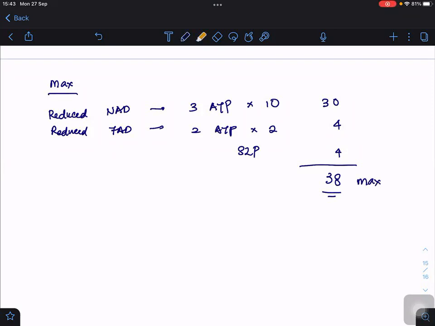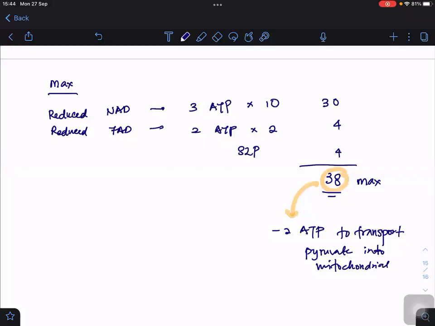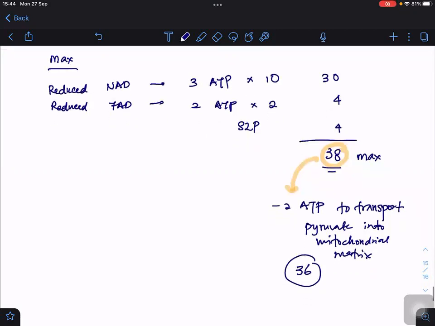But in this 38, some books use 36. Why? Because they minus 2 ATP to transport pyruvate into the mitochondrial matrix. They say the maximum cannot be 38 because we still need to spend 2 to transport the pyruvate into the mitochondrial matrix.